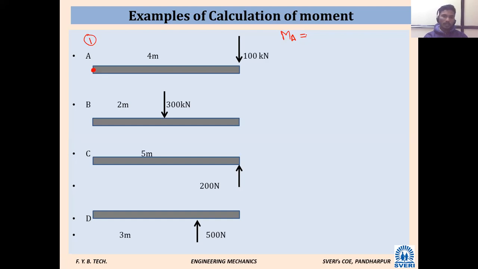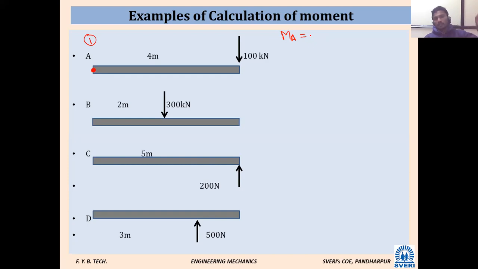So what is the other definition of moment? Magnitude of force 100. First you have to imagine the rotational effect in case number 1, whether that object will rotate clockwise or anti-clockwise. Clockwise. Try to think on your own.